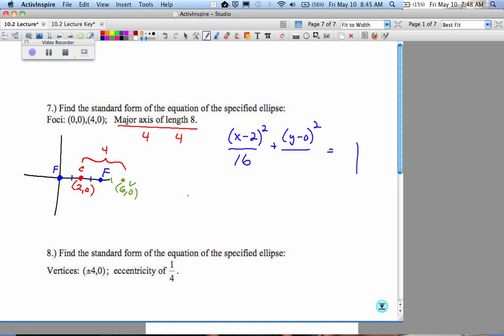The distance from center to focus is 2. So my formula will be 2 squared, which is 4, equals major axis minus the minor axis thing, which I don't know, b squared. So b squared is 12. So there's our equation.